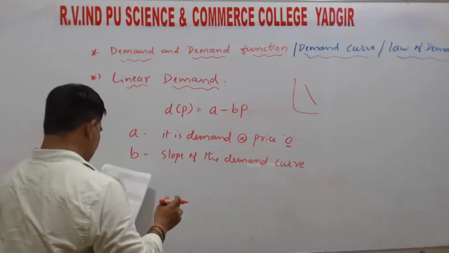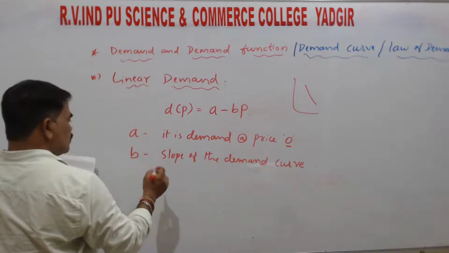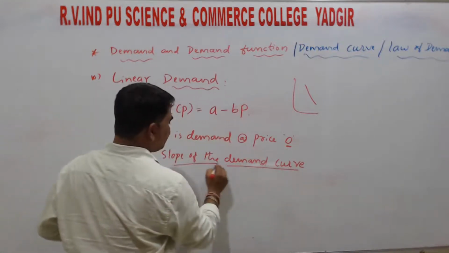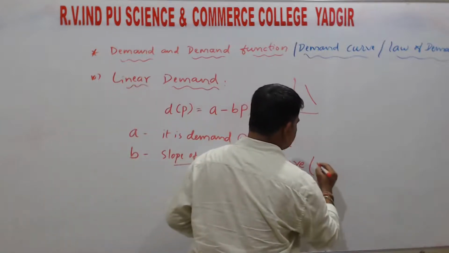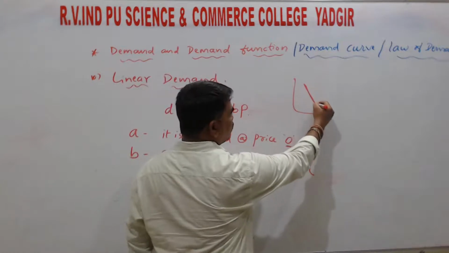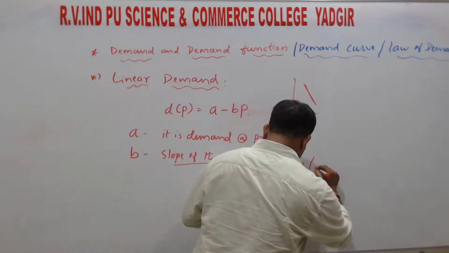So we can say B is the slope of the demand curve. What is its work? What does the slope do?